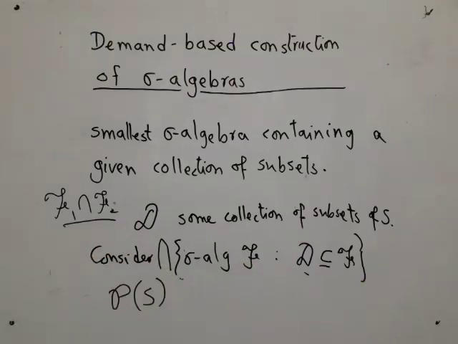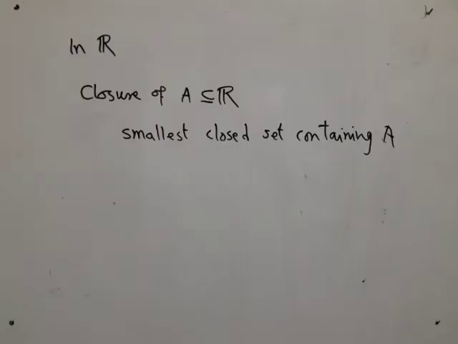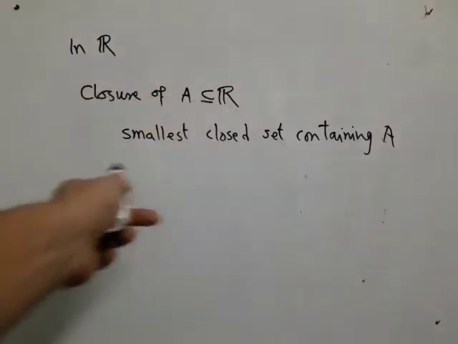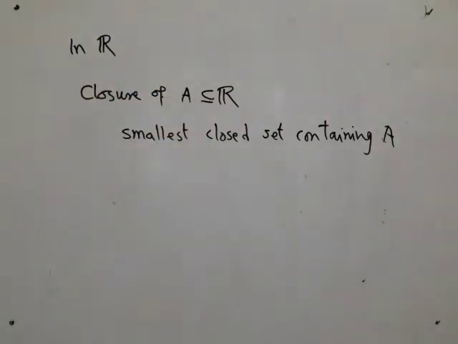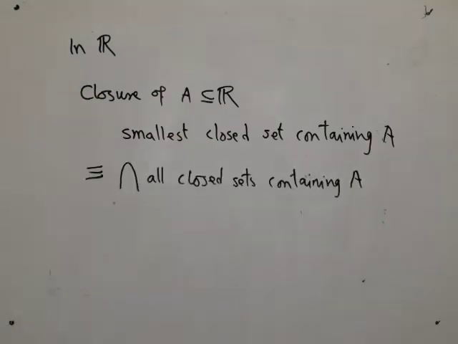Now this argument we have already seen when we learned real analysis. There we talked about, in R, the closure of a set being the smallest closed set containing A, and the precise definition was the intersection of all closed sets containing A. Since we knew that an arbitrary intersection of closed sets is again closed, this was also a closed set.